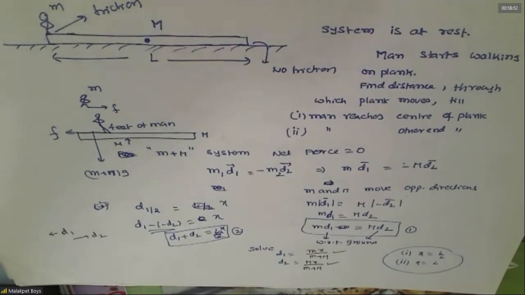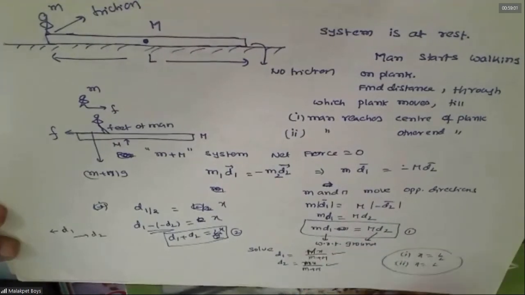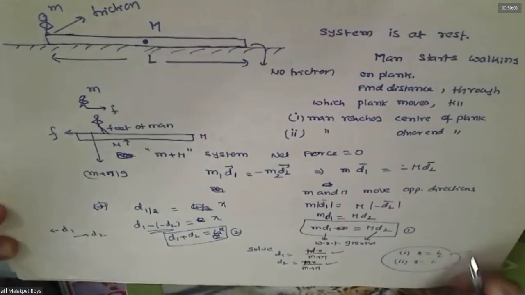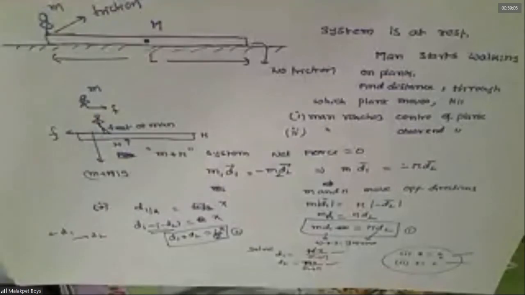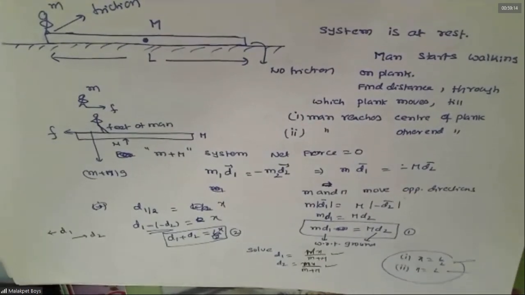D2 is? Sir, this is capital M. Okay, anyhow, this is small m. Now, first case he gave this, second case he gave this. That's all. The method you followed, no? Yes, sir, we follow.